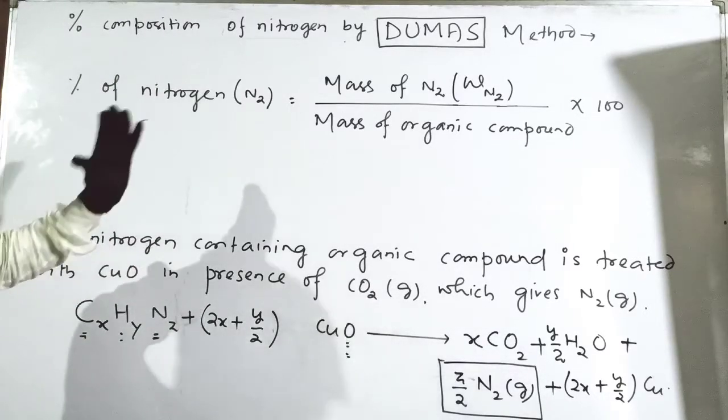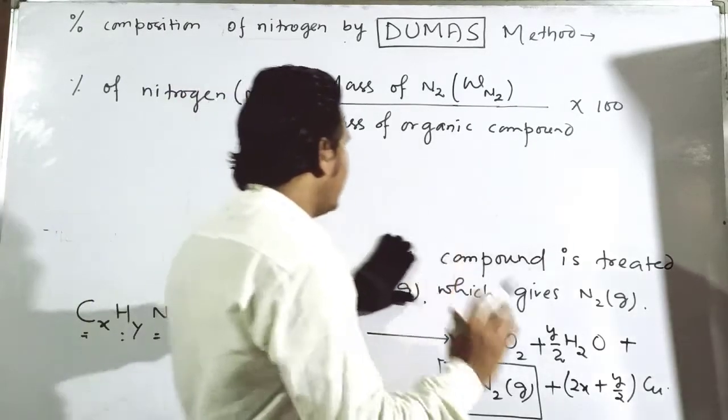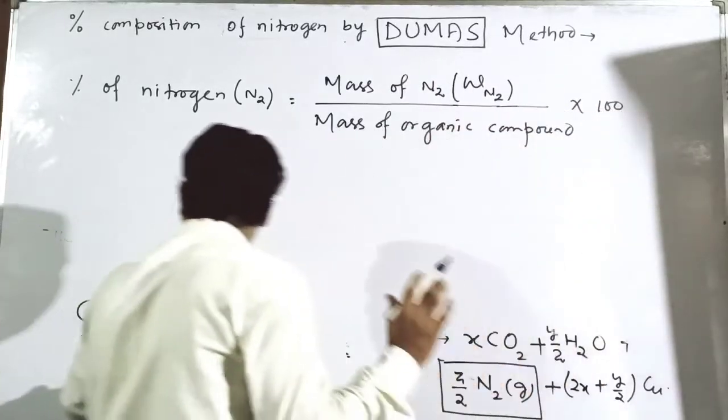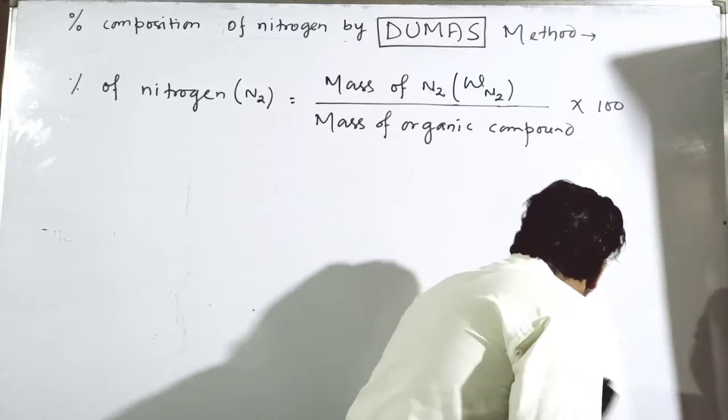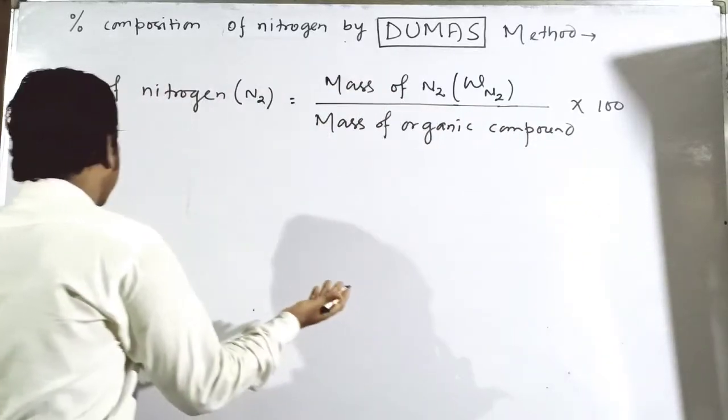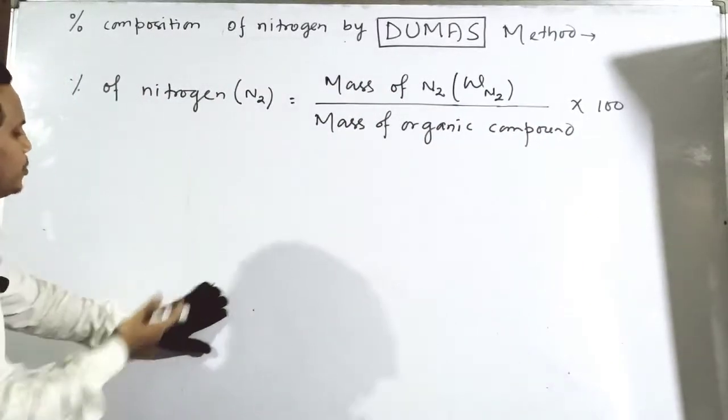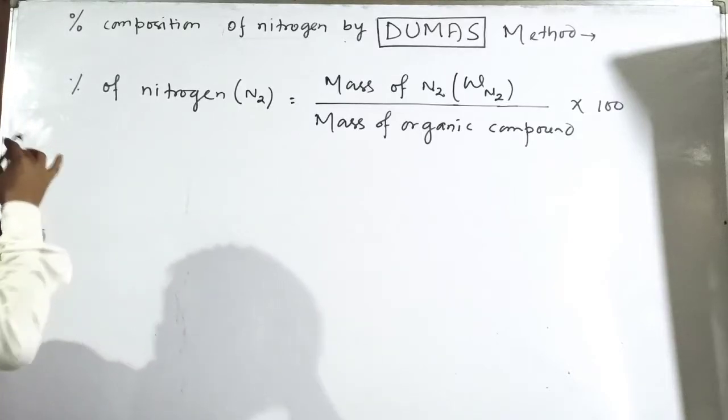That is the main object we have to find. After finding this, the problem is easily solved. Now let us proceed to find the mass of N2.